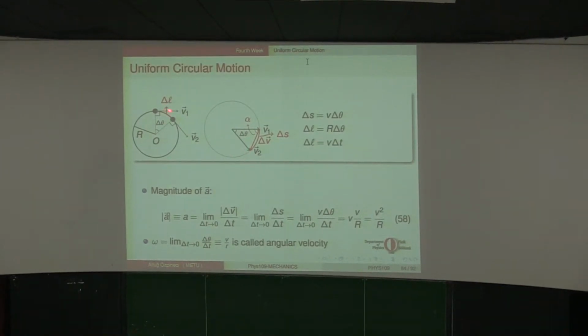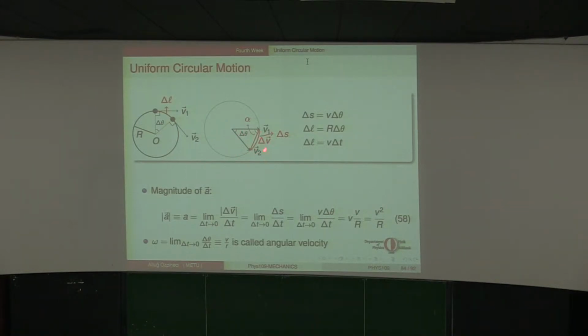Because as my point moves from here to here, it rotates by delta theta. v1, which is perpendicular to this radius vector, also rotates by delta theta. So v1 rotates by delta theta, and it becomes the second velocity vector.